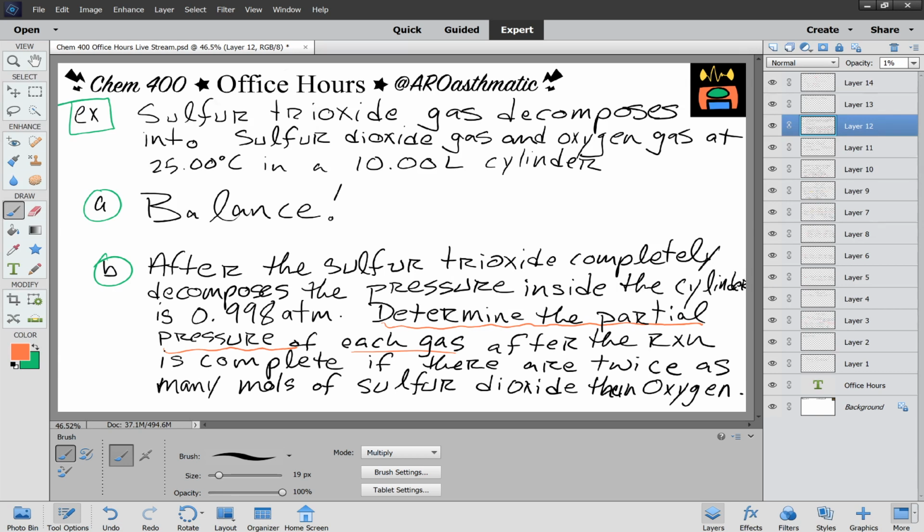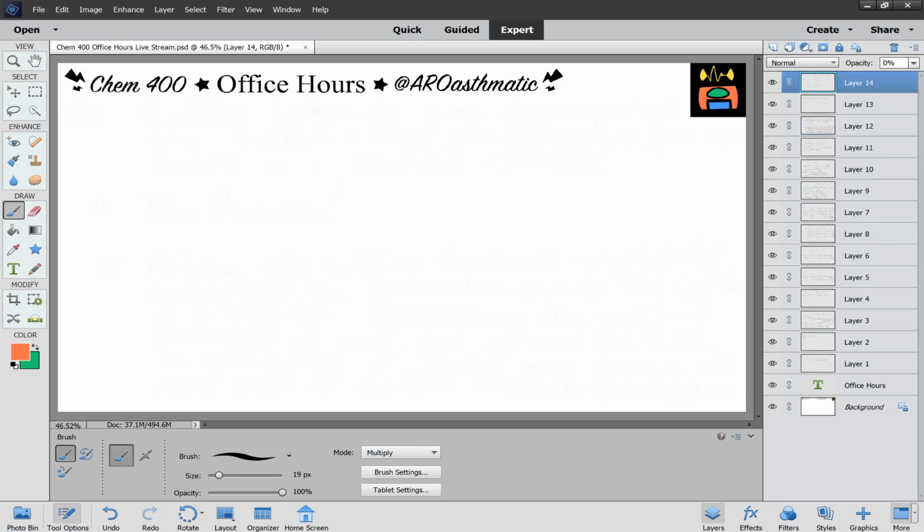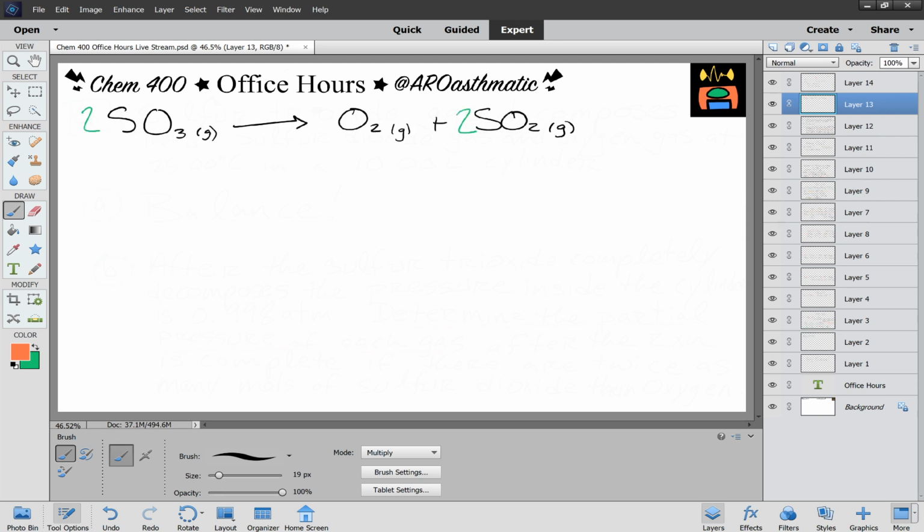Now, that is what we're after. This is what we're trying to find. So we are trying to find the partial pressure of each gas. We want to know the partial pressure of O2 and the partial pressure of SO2. That's what we're after.